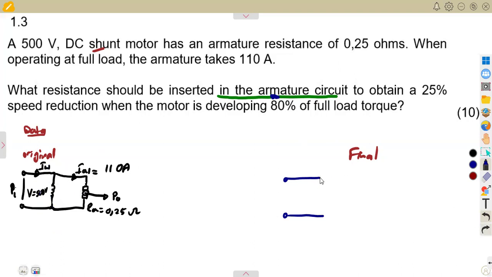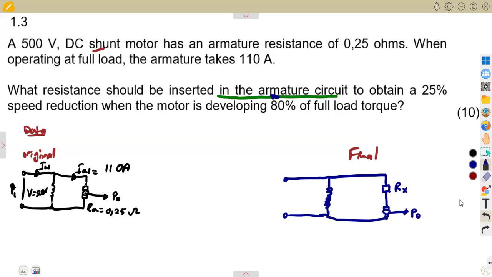The field is not affected, meaning you are going to have your field as it is. Then in the armature part, there is a resistor connected that we do not know. So we do not know this resistor, but it is connected to the armature. This is just a sketch, guys.